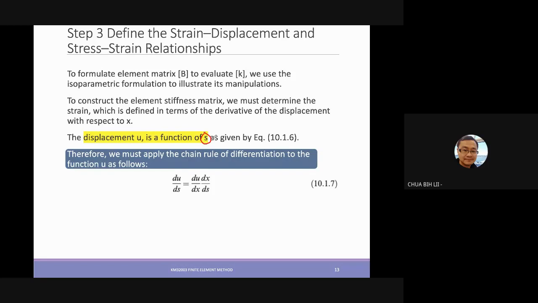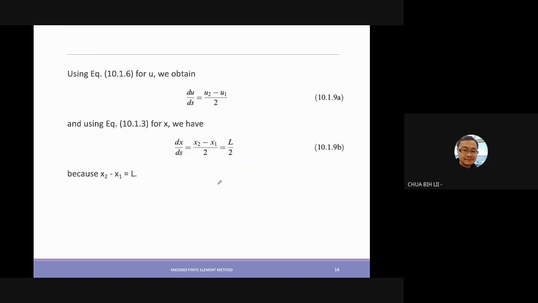Therefore, we need to differentiate with respect to this natural coordinate system. Because we have a relationship between s and x, we just have to add a chain rule of differentiation, such that we can relate them with x and s as well. So just add an additional chain rule to this.